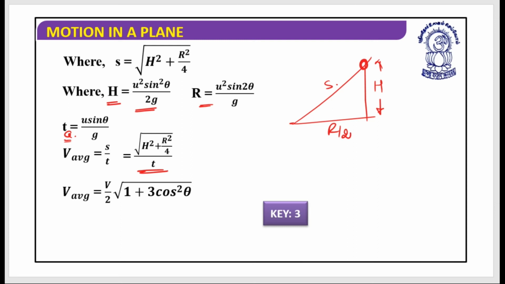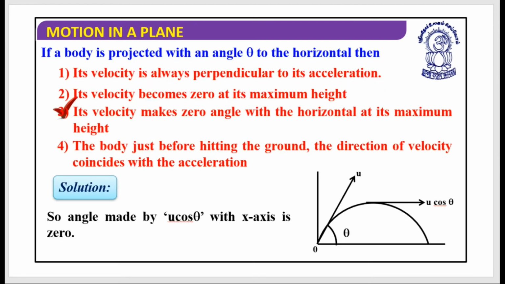Then V average equals u by 2 multiplied by under root of 1 plus 3 cos square theta. Is it clear? Are you sure? Can it be done? Yes. Great. Now let's look at the next question.